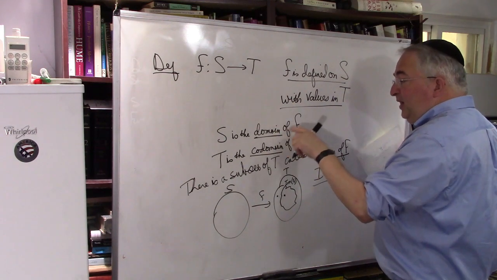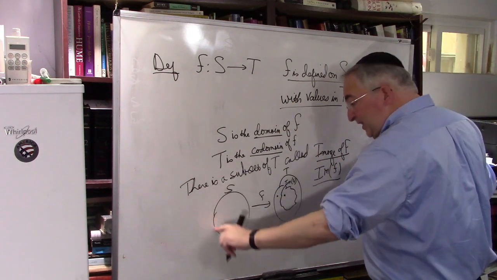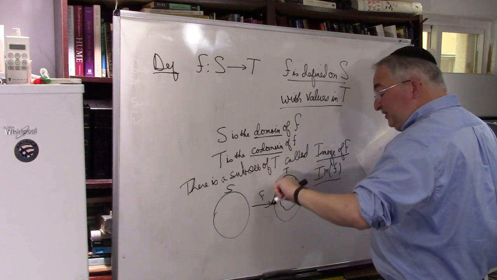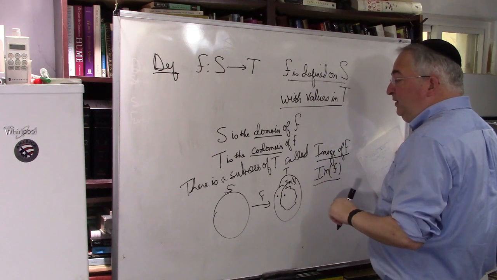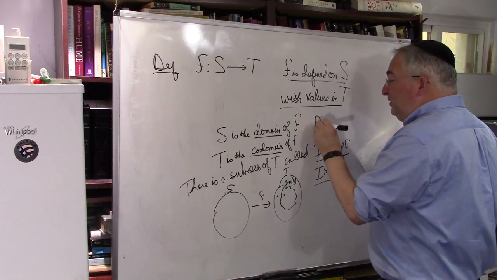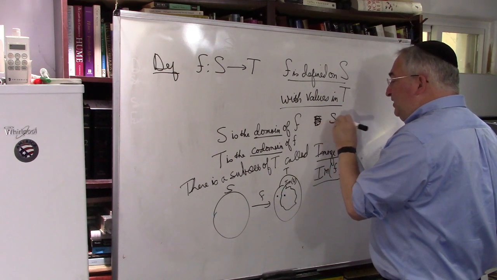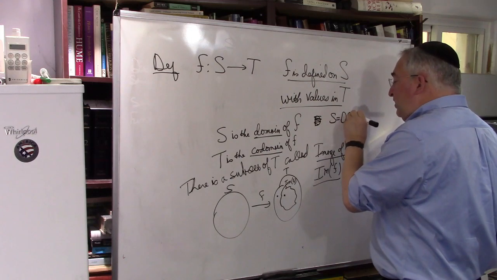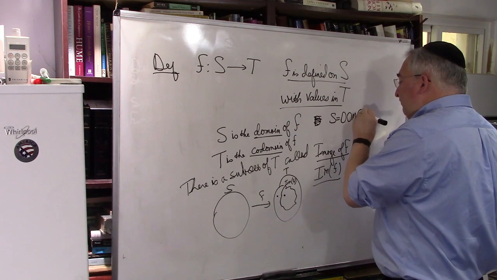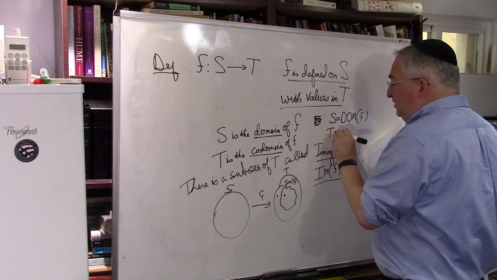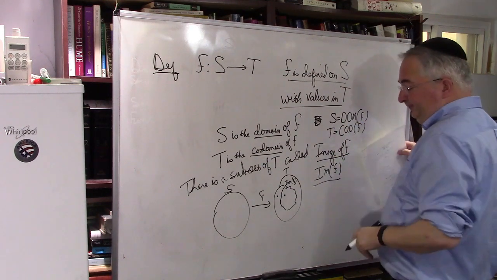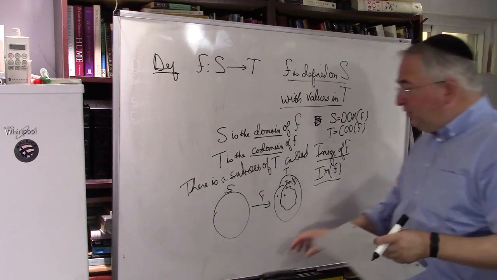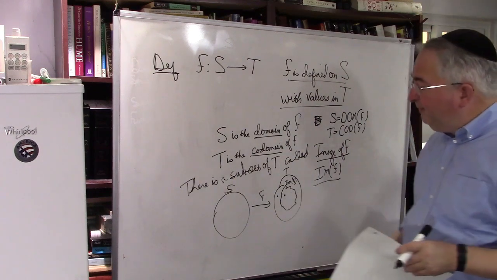This is called the domain. The set is the domain. The set of possible outputs is the codomain. Okay? And sometimes we write it like this. S is equal to the domain of f, and T is equal to the codomain of f. Okay? So we need some examples of this.